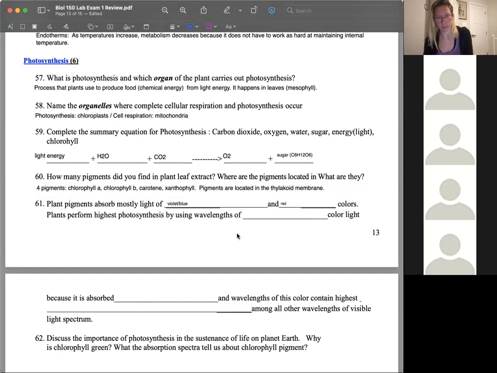You were giving me some wavelengths, it sounded like. Could you repeat those? I was saying 380 to 450. Okay, yeah, so 380 to 450, that's the violet blue color light.